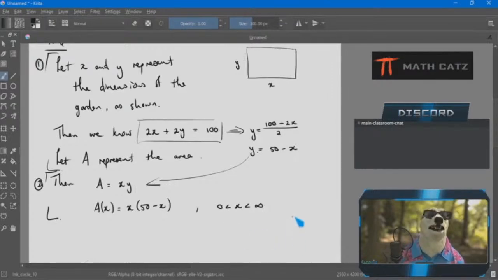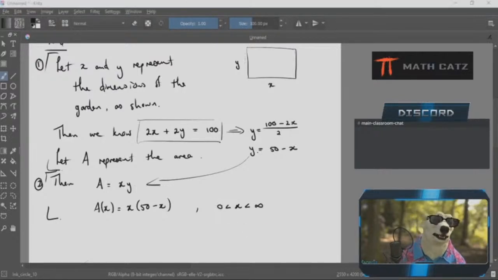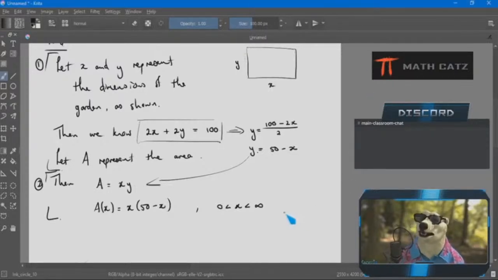I'm not looking at this too closely and thinking about, oh, how much space do I have for my garden? Certainly not infinitely long, but there's no indication that I can cut it off any further. So just be aware that there are practical restrictions. Don't overthink it, but I am limited to just positive values of x.